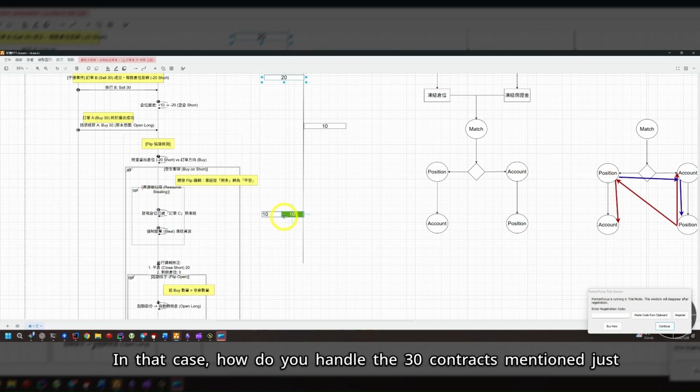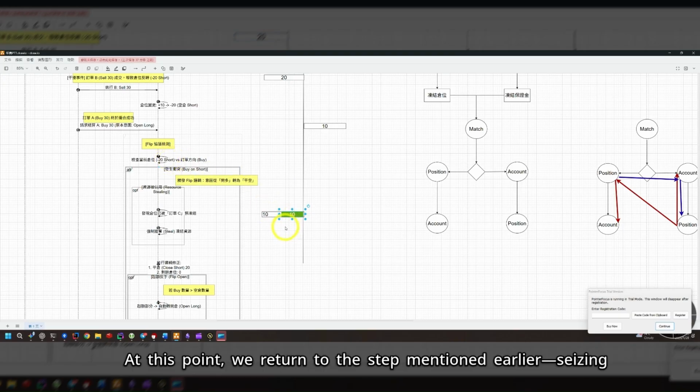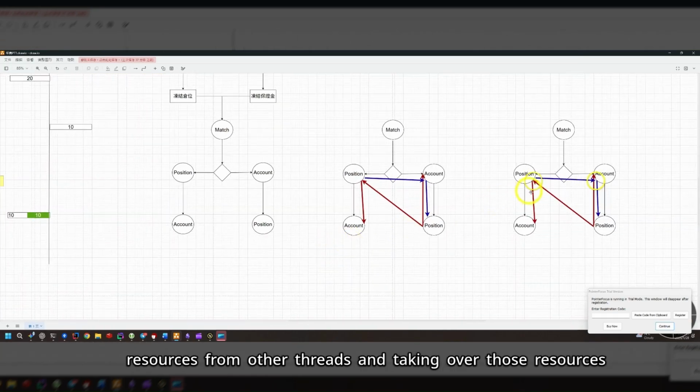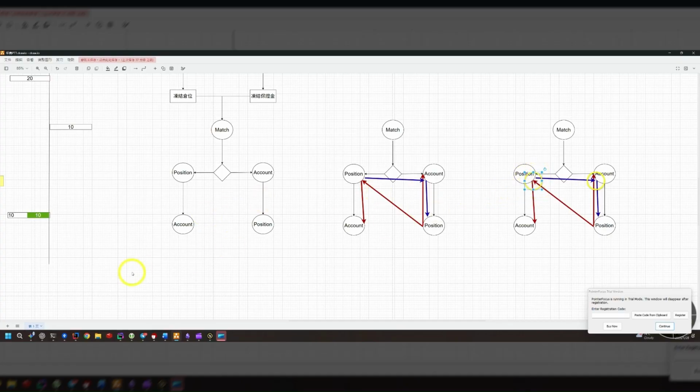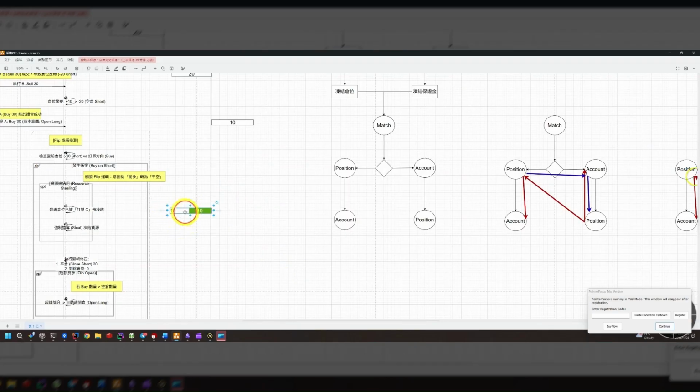In that case, how do you handle the 30 contracts mentioned just now? At this point, we return to the step mentioned earlier, seizing resources from other threads and taking over those resources.